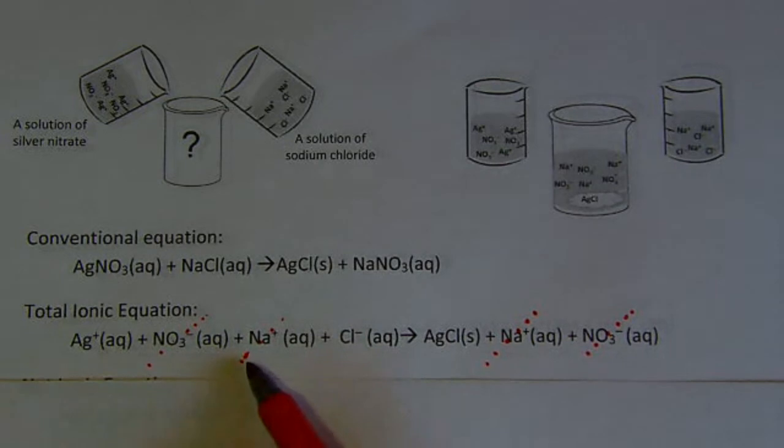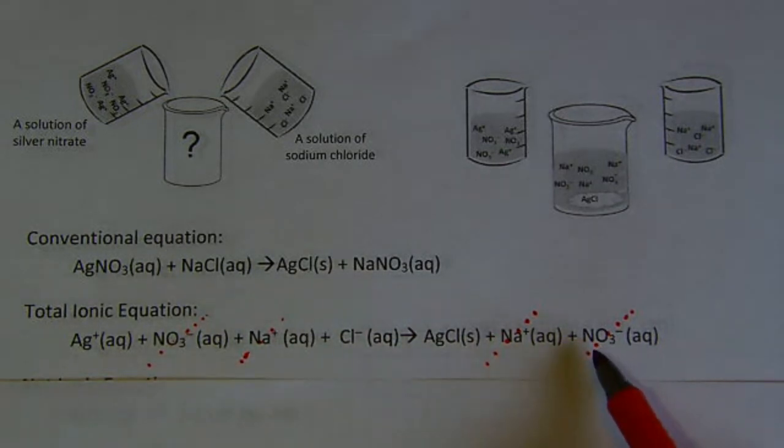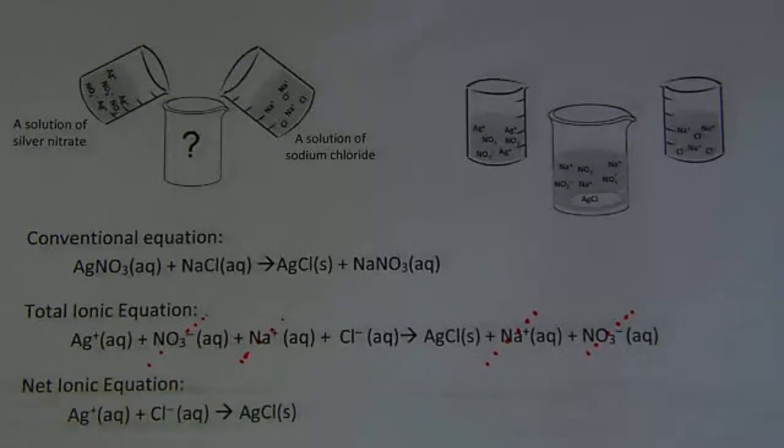If I were to ignore what I've just marked out and didn't write those in there, I would have what's referred to as my net ionic equation. My net ionic equation is representing what comes together to form the observed precipitate.